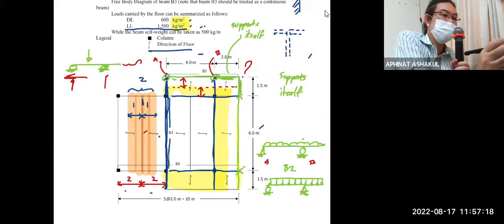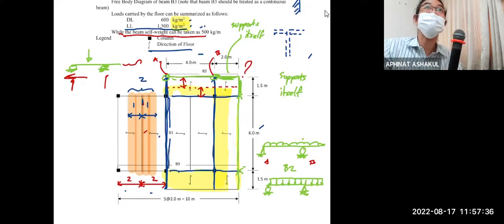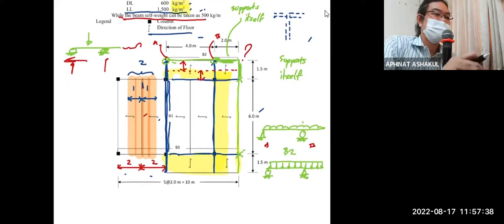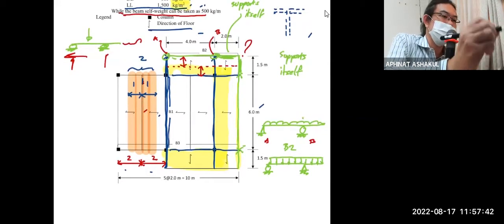So you need to consider the beam self weight as well. Right? So that means this uniform load on the beam will be how much?